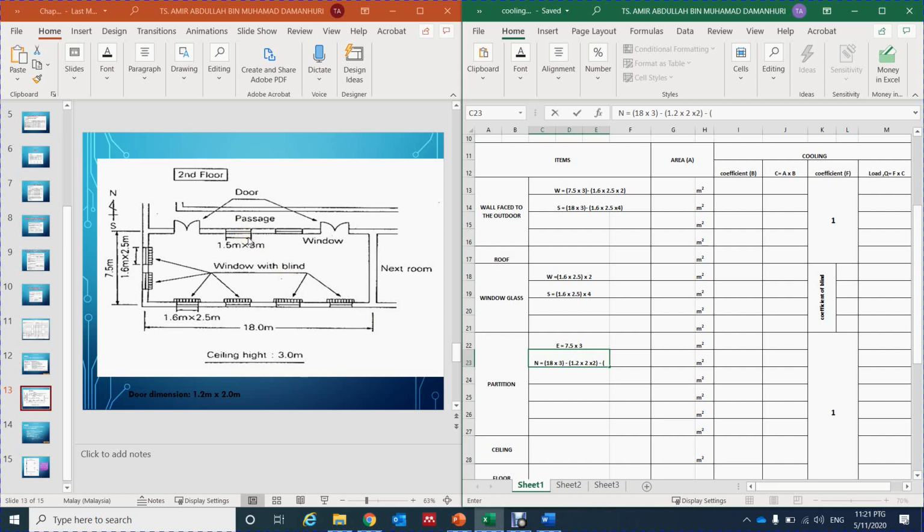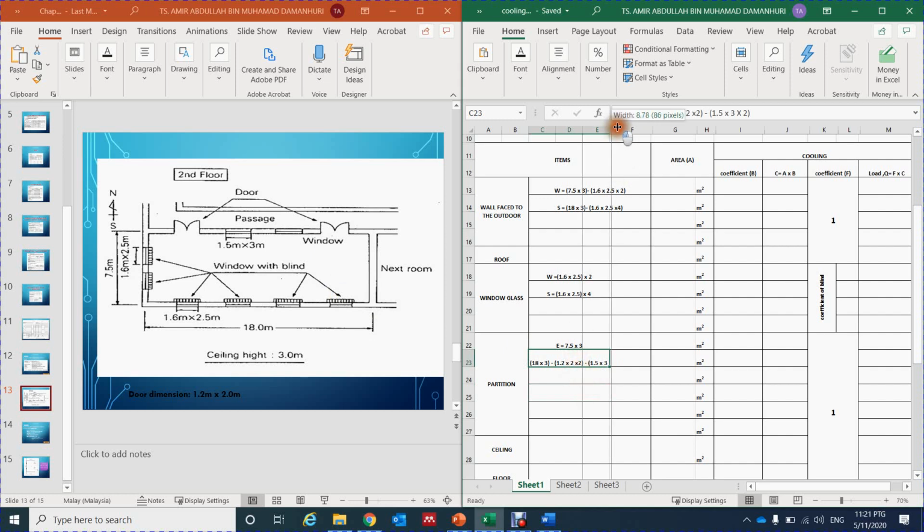The reason why I minus this one, I will explain later. So now 1.2 times 2 times 2, and then we go to the window. We have 1.5 times 3 meter window, and then we have to times 2 because they have two windows here.